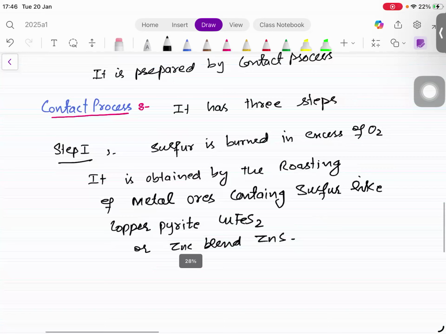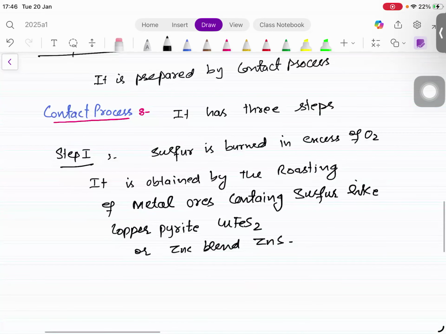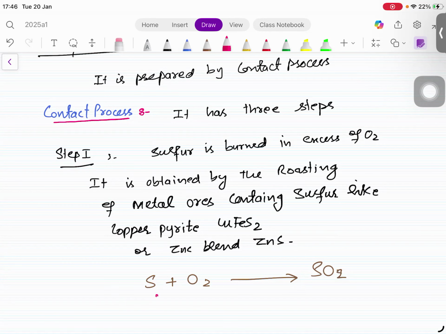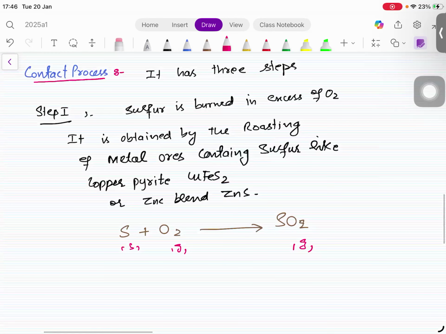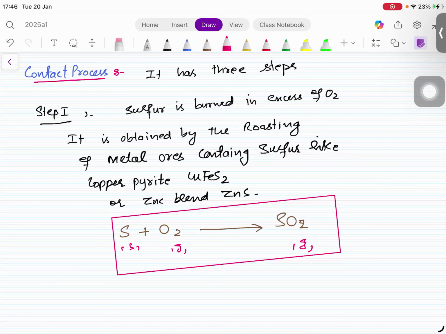First step, sulfur burns in oxygen to form what? Sulfur dioxide. That is the first step, where the sulfur that is obtained from the ore is burned in excess of oxygen to form sulfur dioxide.